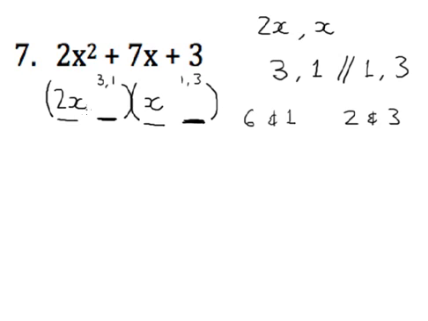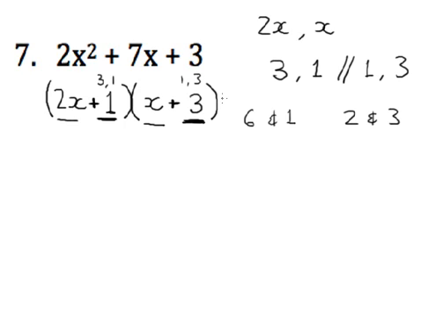So that means that I've got to multiply the 2x by the 3. So the 3 has to go over here, so it multiplies with the 2x, which leaves the 1 to go here, multiplying by the 1x. Now again, in each term here, they're all positive, which indicates that it's hugely likely that it's going to be 2x plus 1 and x plus 3.